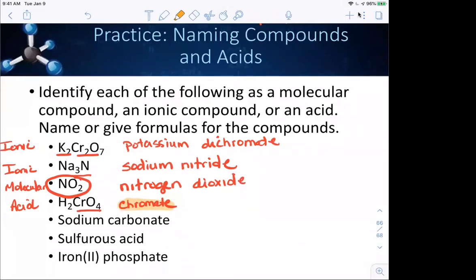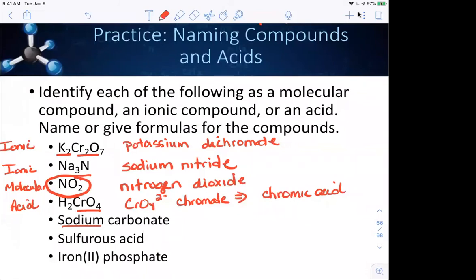What is that guy? Chromate, no. Oh, that is chromate. Yeah, that's chromate. Never mind. I had a little brain fart there. So this would be chromate, which goes to chromic acid.